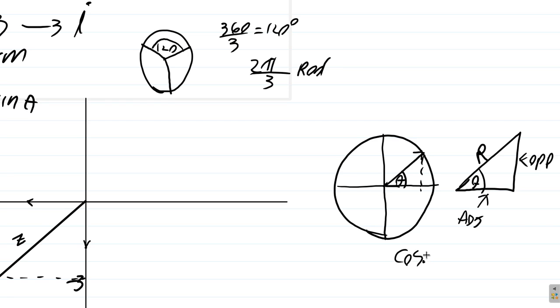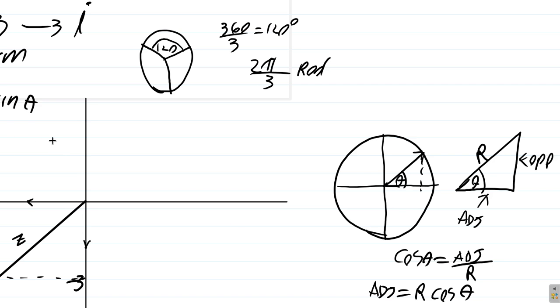Now cos theta is the adjacent over the hypotenuse r, so the adjacent is r cos theta.